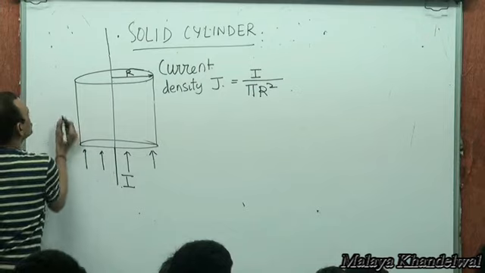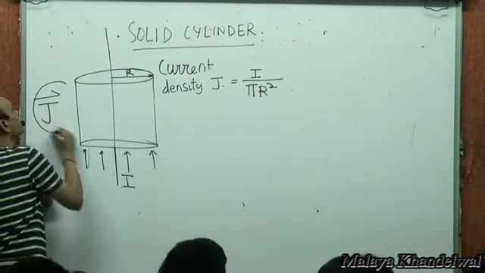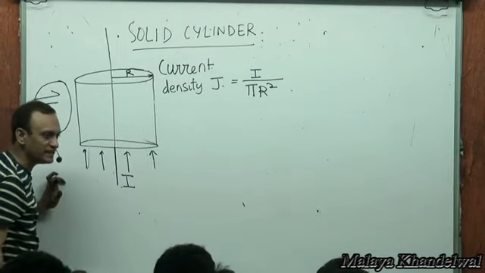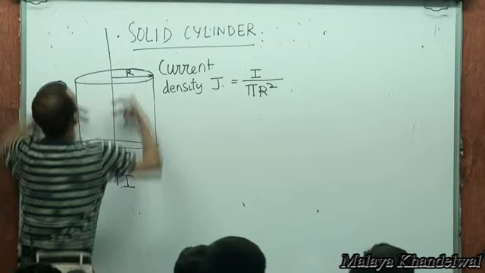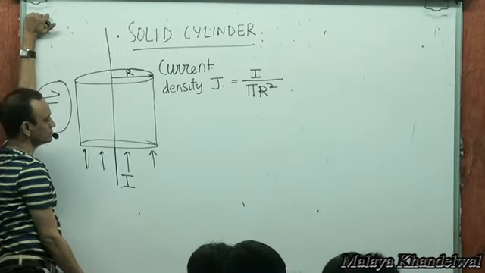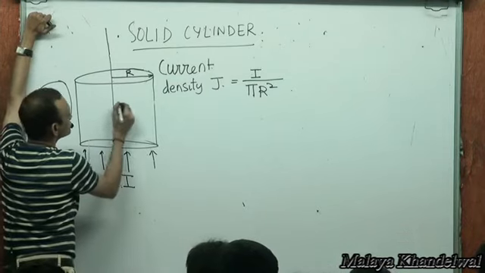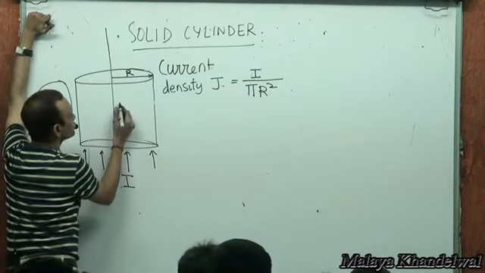This current density also has a direction, which would be like this. So this is the current density vector J, whose magnitude is this, and the direction is the same as I. So that's uniformly distributed in the volume, through every cross section.